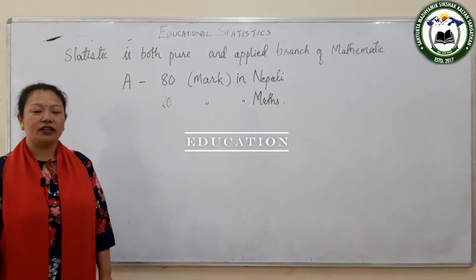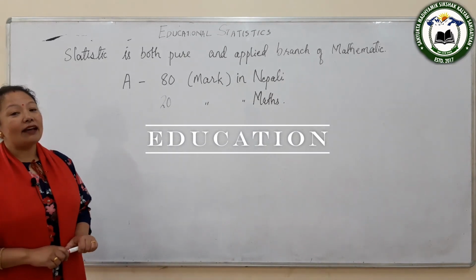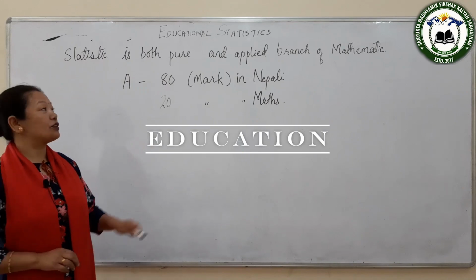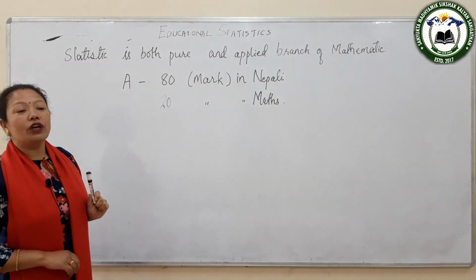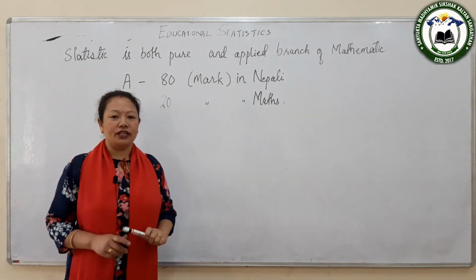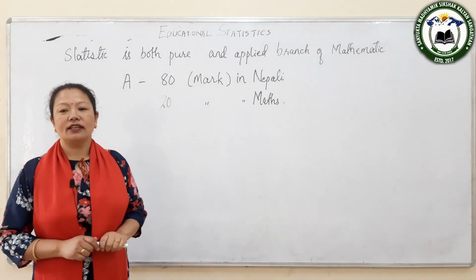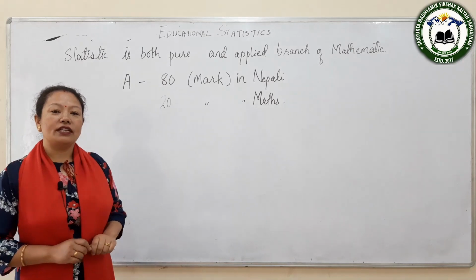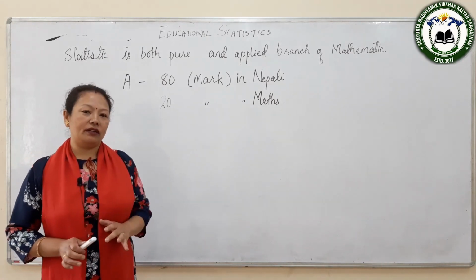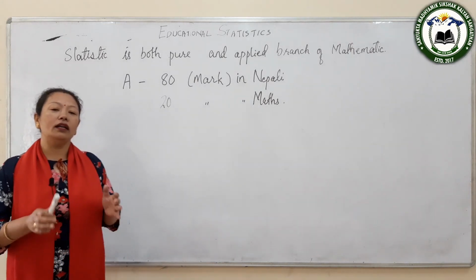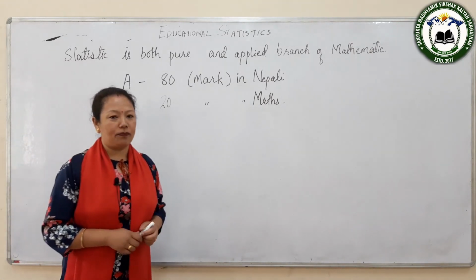Today I will be teaching education, and I have taken one of the most important chapters, that is educational statistics. Now we all know that education is very important, and one of the most important aims of education is individual development. It means to help a learner in their individual development.